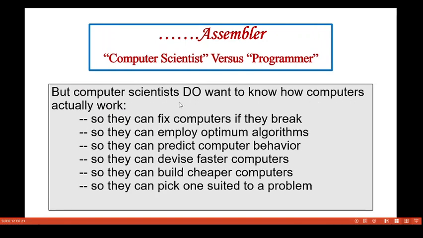But computer scientists do want to know how computers actually work, and not only to write programs in high-level programming languages.